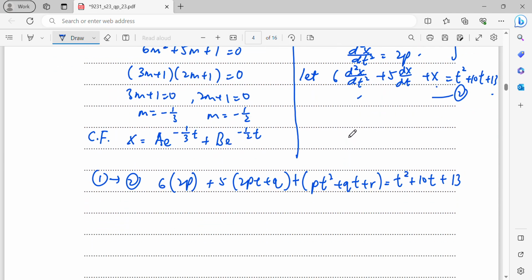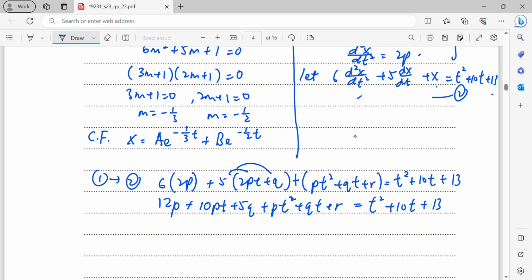Okay, so now I will compare the coefficients. Before that, I will do the expansion first. This is 12p plus 10pt plus 5q, then plus pt squared plus qt plus r equals the quadratic function.